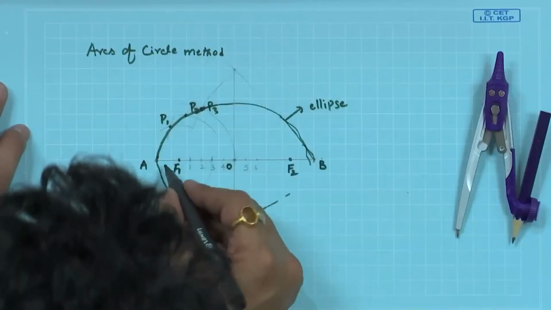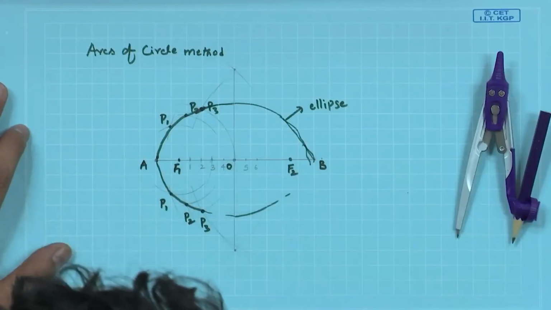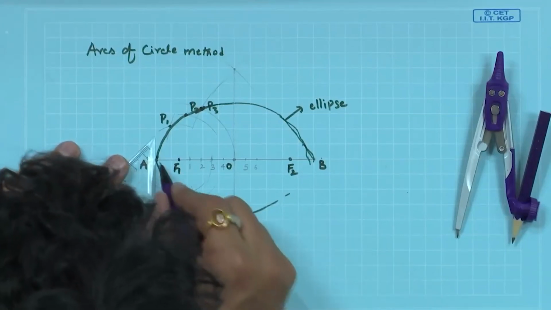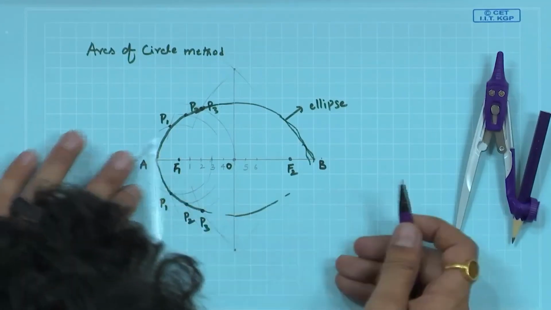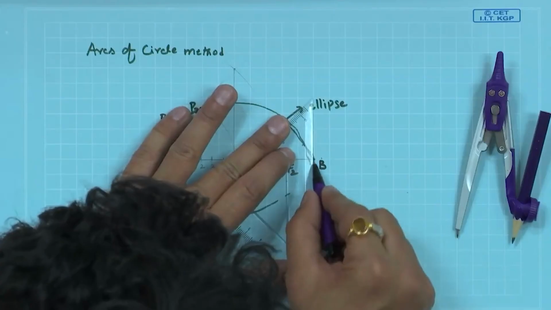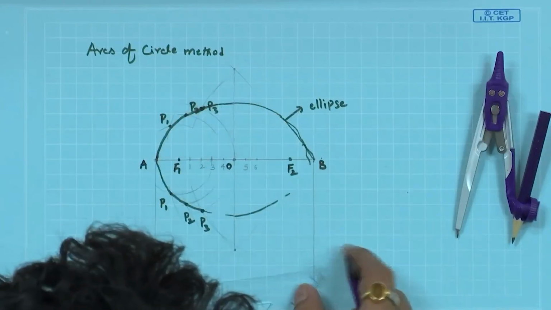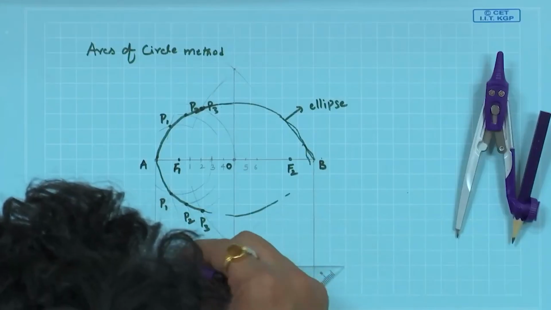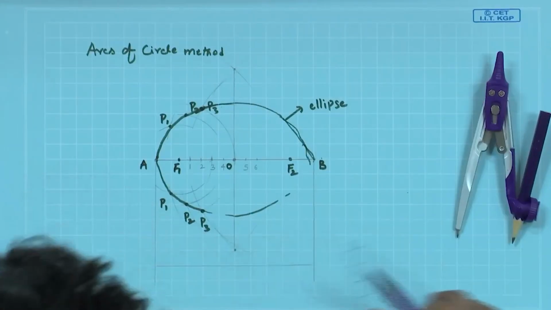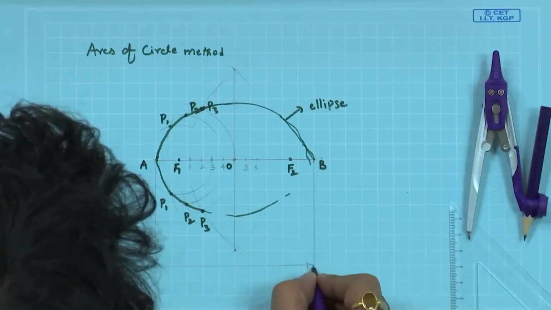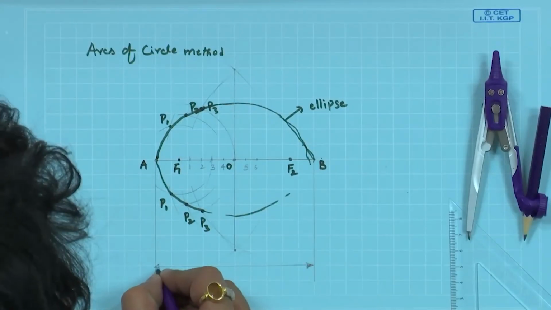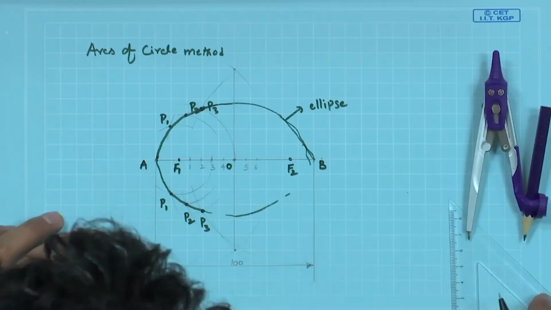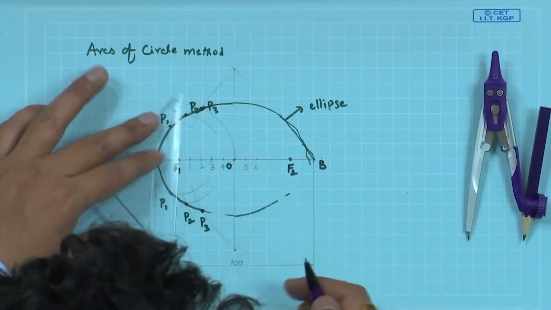In this case, we require the major axis. So, if it is construction lines, we have to show it in mm. Foci distance also we know.